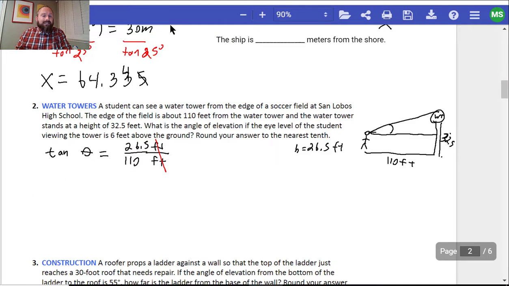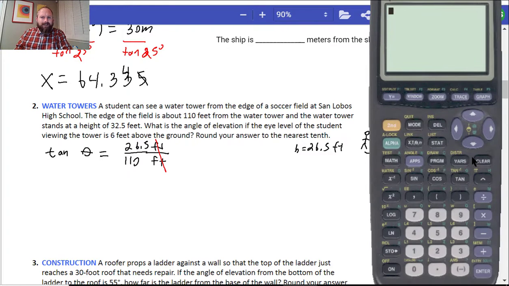And now I can actually figure out what this is. So let's bring out my handy dandy calculator again. Alright guys, so I'm going to find the tangent. Oh wait, I'm going to do the opposite because I want to get rid of this tangent. The opposite of tangent, or the inverse operation, is the inverse tangent. So I'm going to find the inverse tangent of 26.5 divided by 110.